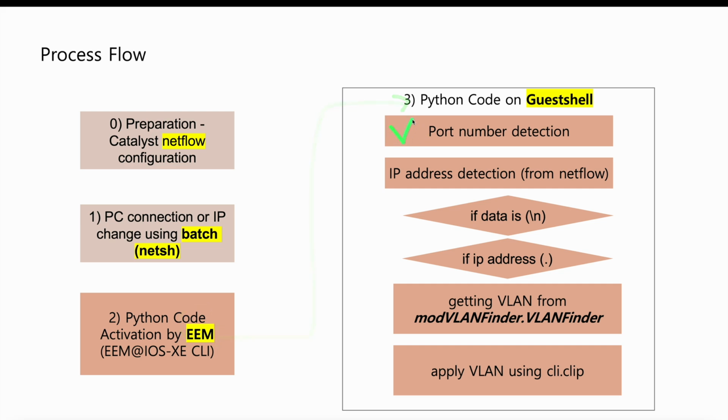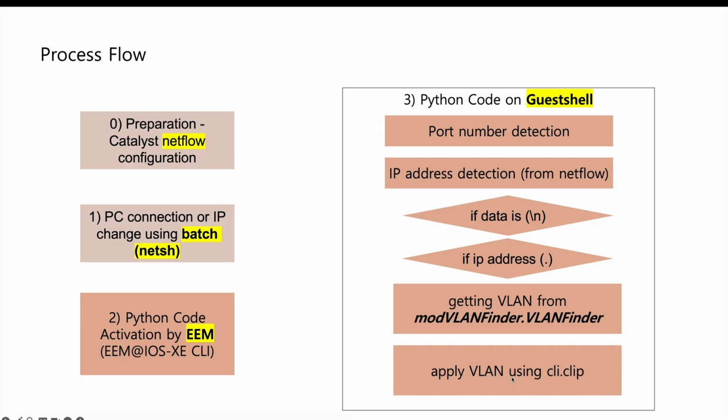The port number is detected, the IP address is detected using netflow, and then using the ipaddress module of native Python, the VLAN is detected. So the VLAN is applied using CLI.configure. It's a Cisco-specific module used to apply this VLAN to the port.